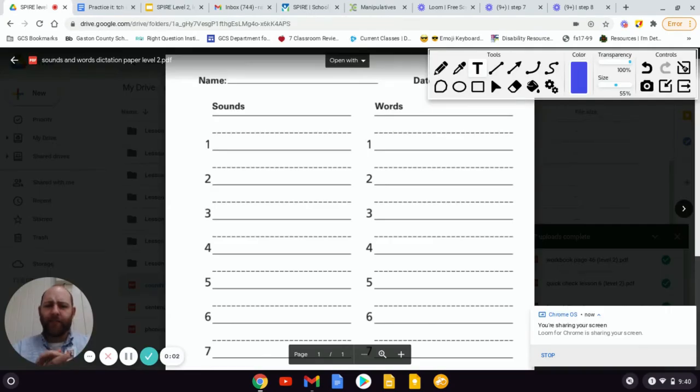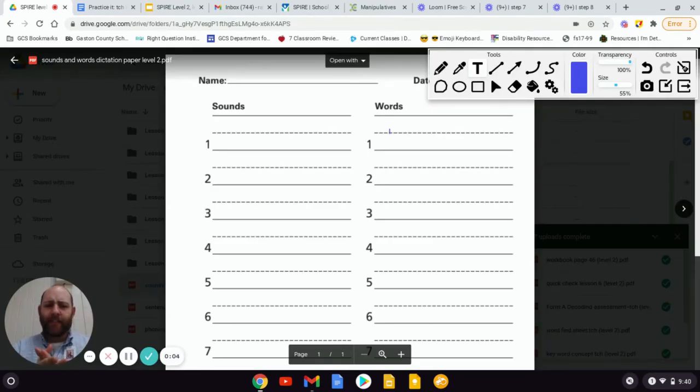Okay, for step 9, you'll need out your sounds and words dictation paper and, of course, a pencil or a marker. Say match. Now, who can spell the word match for me? Let's spell it on our paper. Match. First sound is going to be an M. Ah, that's our A, right?